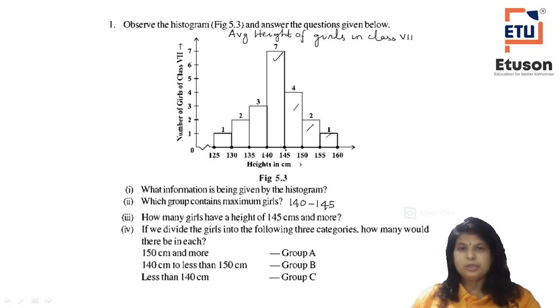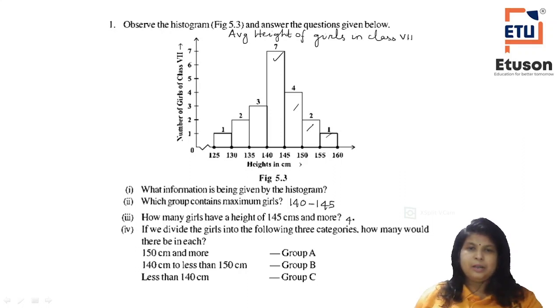Correct or not? Everything is more than 145. So don't get confused and write only 4. No. All the girls beyond 145 are more than 145. So how many girls have a height of 145 centimeter and more? It is 4 plus 2 plus 1. That is 7 girls.